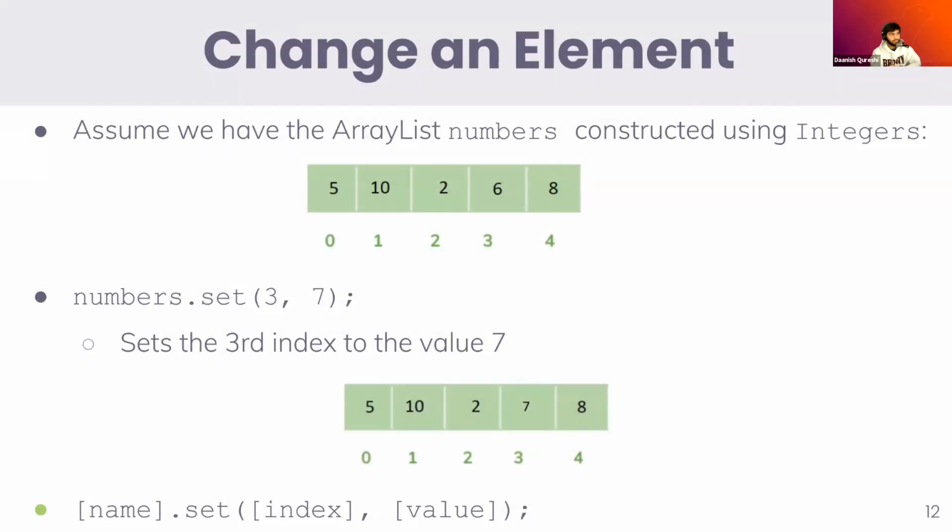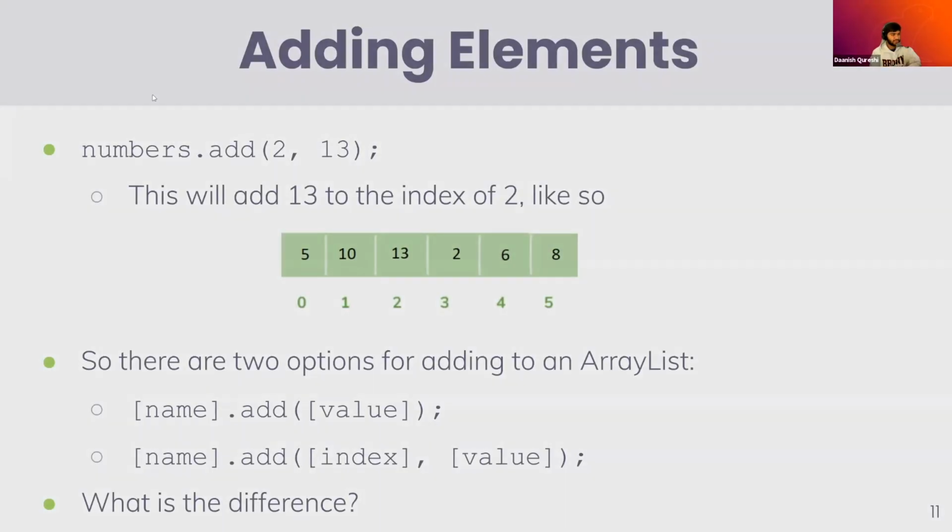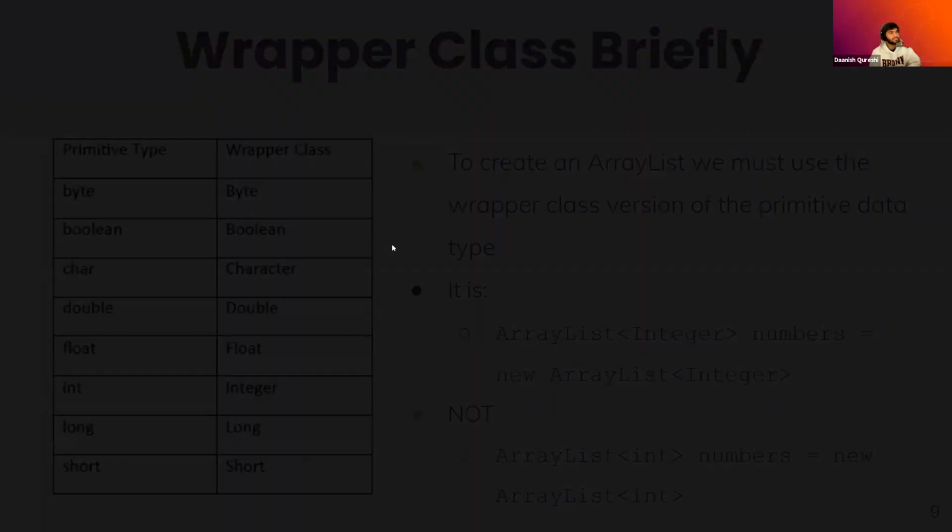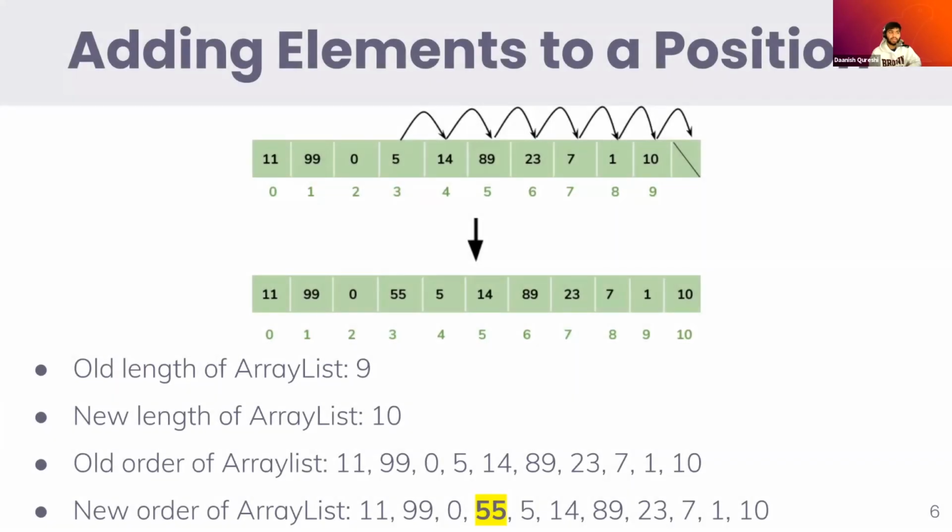You do numbers.add, same as before, but this time you pass two things: 2, which is the index, and 13, which is the value. So now we're passing 13 to the second index. And like we saw here, when we added 55 to the third index, it slides everything else down.